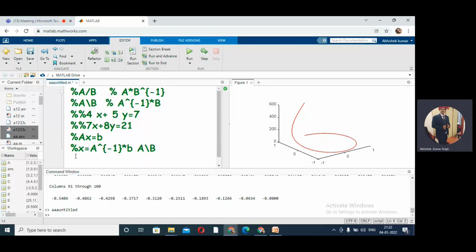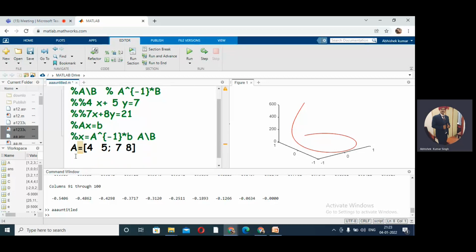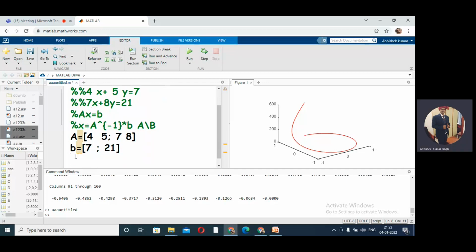Now let us see. So I'll define the A matrix here. What is the A matrix? 4, 5 and 7, 8. This is the A matrix, right? And what is the B matrix? B matrix is the column vector 7, 21. So two rows, one column. So 7 and the second row is 21. Fine. Now what is the x?